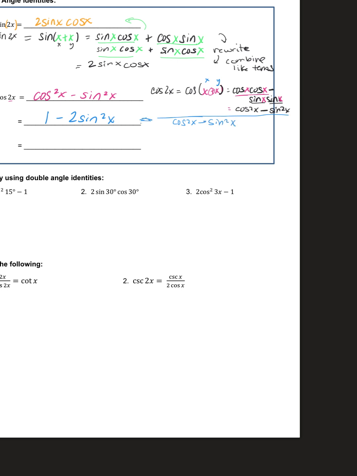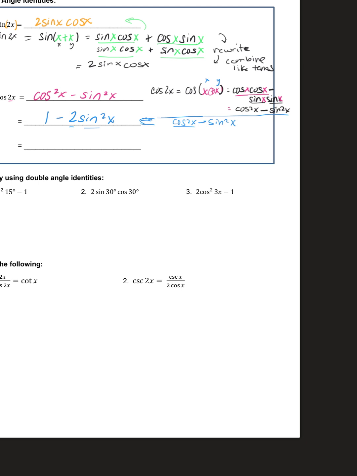Can I get this based on what I have? Let's see. We want 2 of these sine squared x, and we want to get rid of cosine squared x. So how do I get this? Well, that's an identity. If I just look at just this portion right here, nothing else, just this one. Leave that thing over on the other side this way.